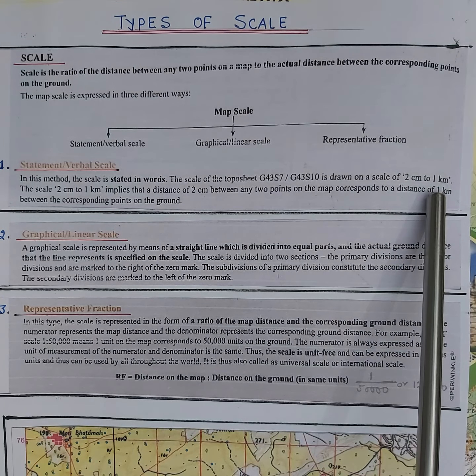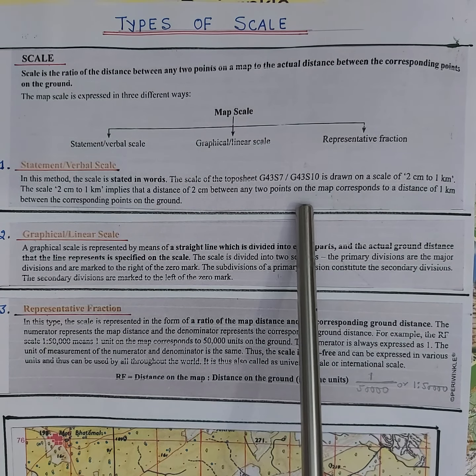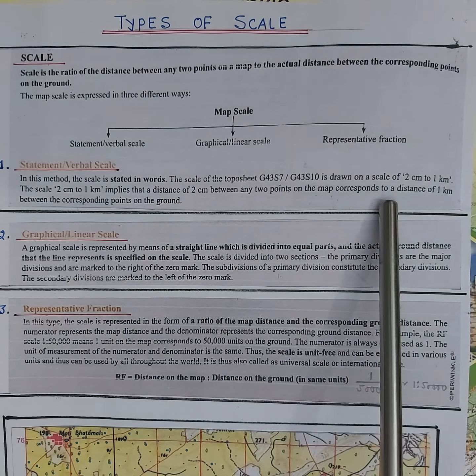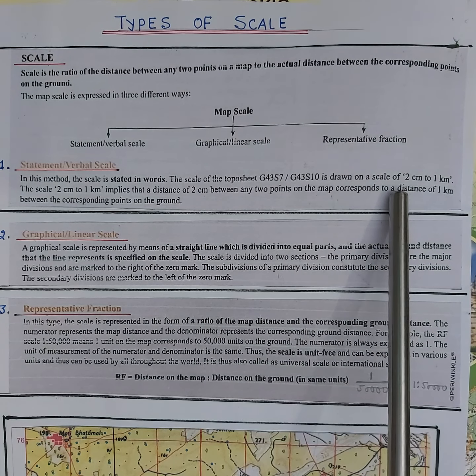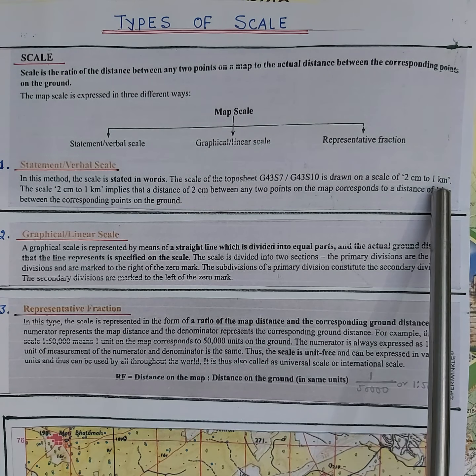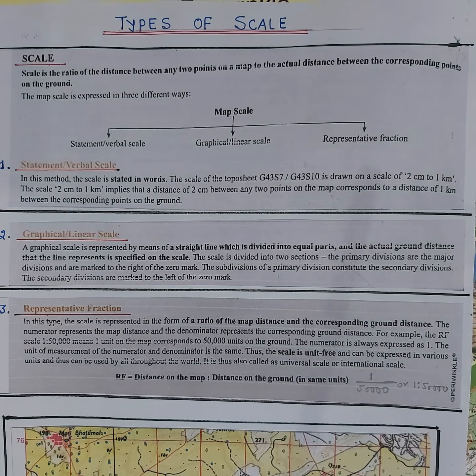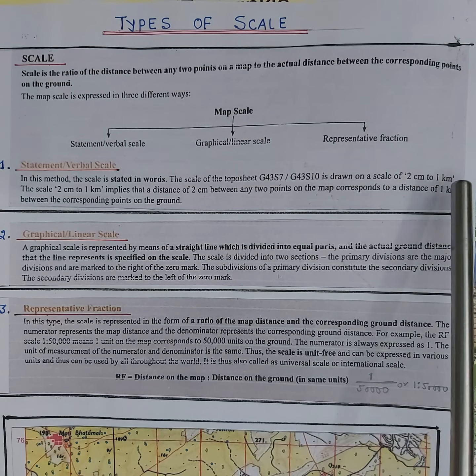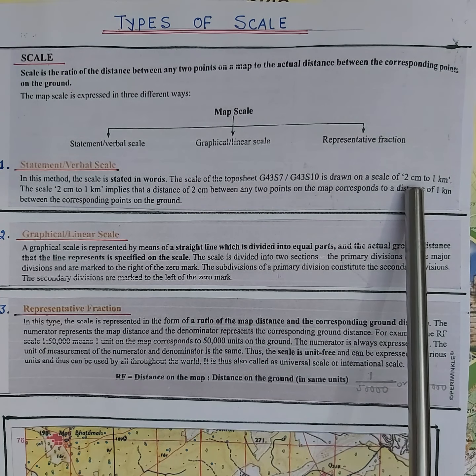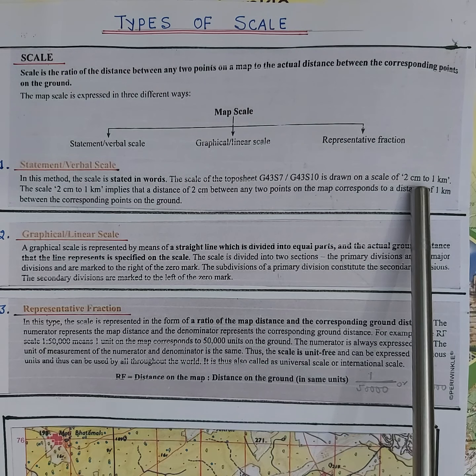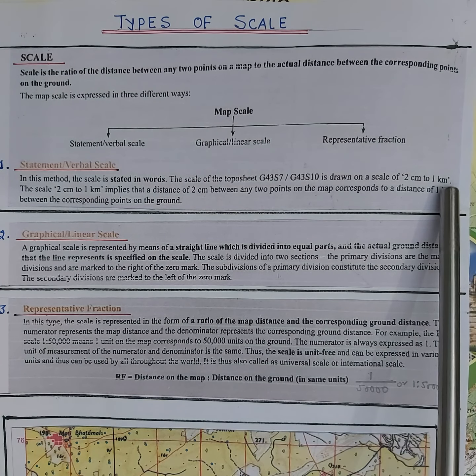So on the ground it is in kilometers, but on the sheet of paper it is in centimeters. So if it is written that 2 centimeters to 1 kilometer, it means that if the distance between any 2 points is 2 centimeters on the map, it is 1 kilometer on the actual ground.